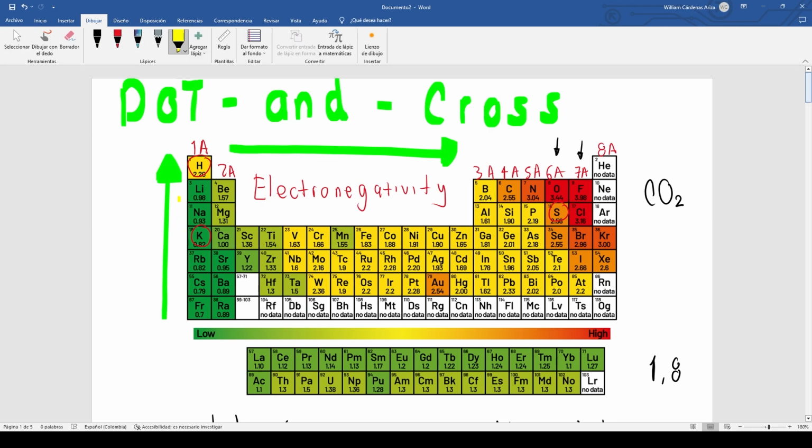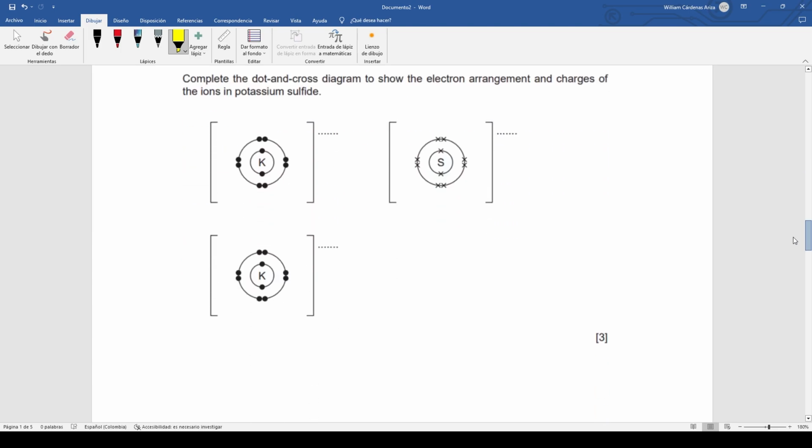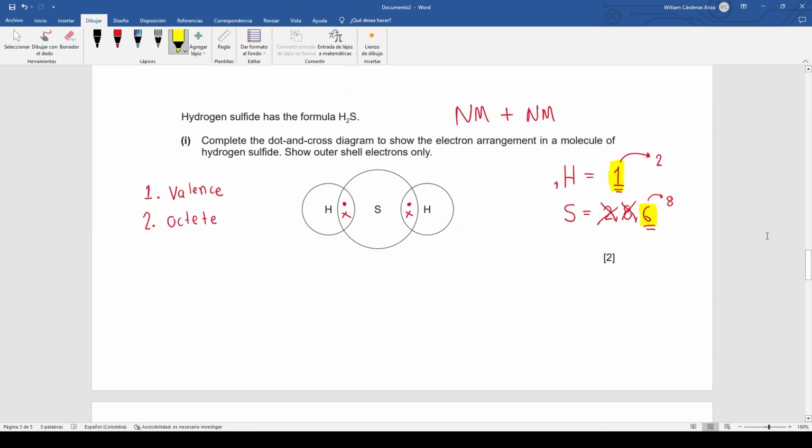That's why all the electron configurations of these elements end in 1. Same thing with group 2, they will have 2 electrons in the valence shell. Group 3 will have 3, group 4 will have 4, group 7 will have 7, group 6 will have 6. Okay, so going back to the valence, we have to check if in this exercise the valence is complete.